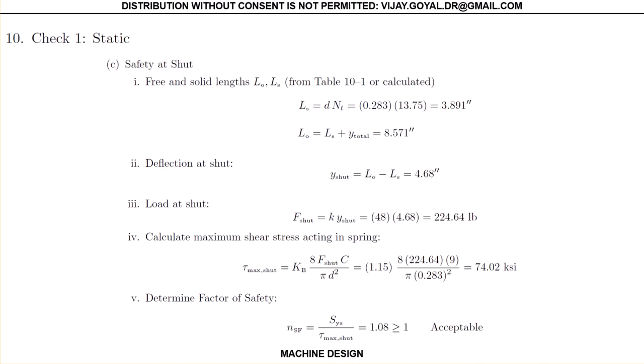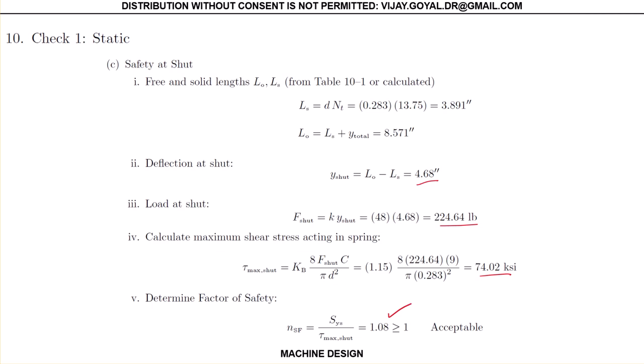So we move on, and a safety as shut is when your spring is completely compressed. So as shut, this is how much you have as shut. Your K times this is the load that's applied to the problem. Then you move on, you calculate this, you find 74, and you can show this is good.